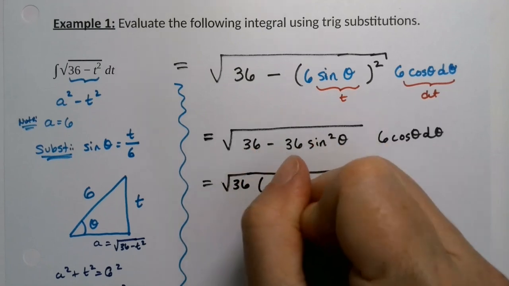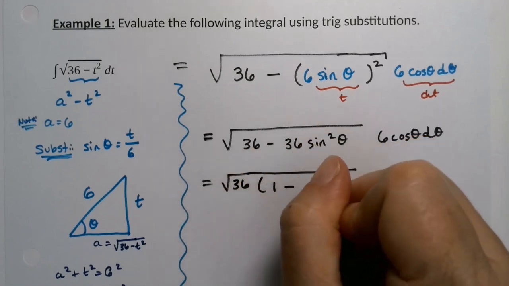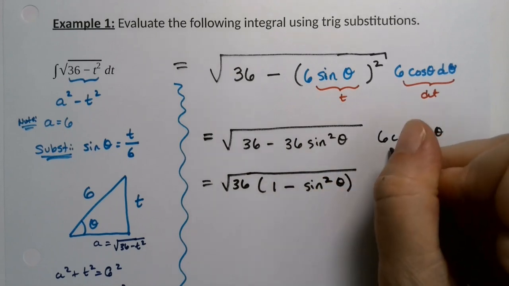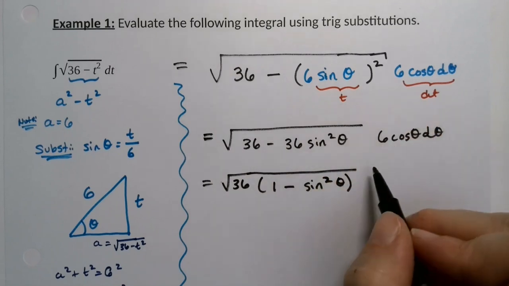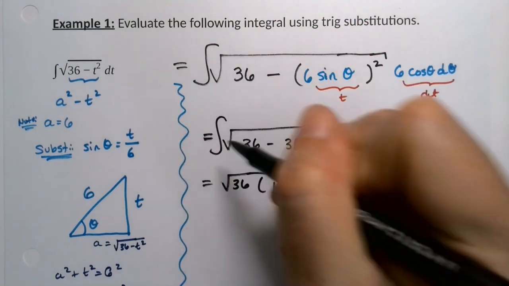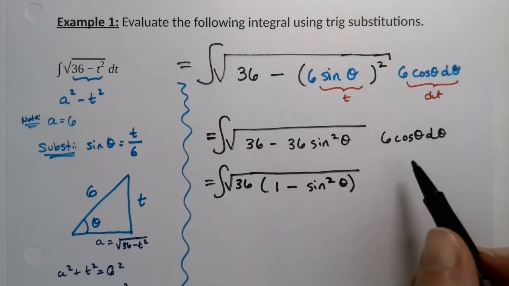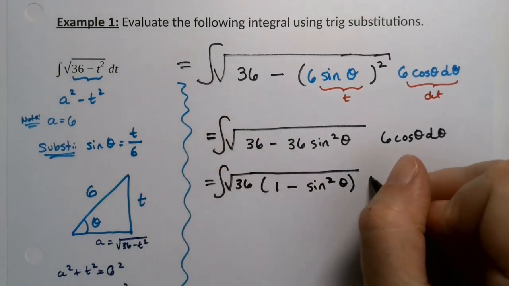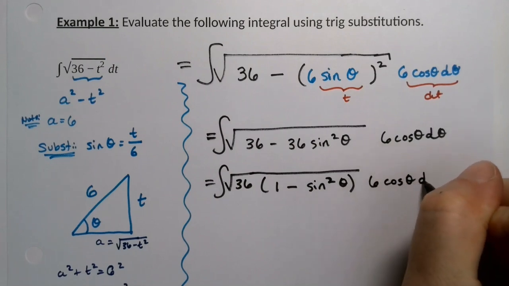You can see it like this: 1 minus sine squared theta, and then there's another 6 out here. Oh, I'm integrating all of this. I'm sorry, integral, integral, integral. I haven't actually done any integration. Sorry, I lost my integral symbol. I get so excited for the substitution. All right, so 6 cosine theta d theta.